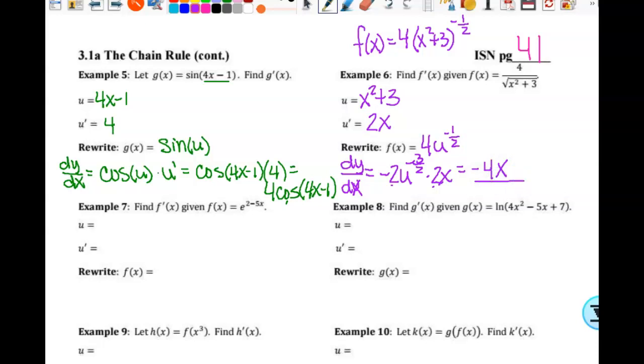Then the denominator, I'm going to have u to the, is that going to be cube root of u squared or square root of u cubed? Square root of u cubed. Okay, so square root of x squared plus 3, cubed. I sort of clean that all up at once. If you need to take more than one step there, you can totally do that. What questions you got?